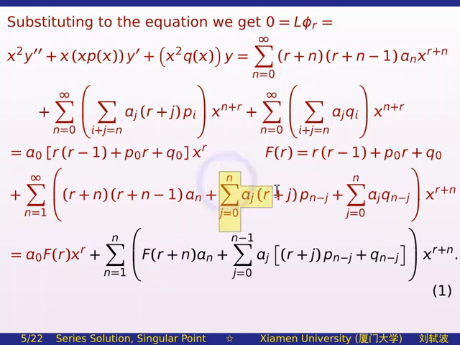So in these two sums, when j equal to n, the a_j is a_n, so we can take the a_n out and compute what remains. The remaining is (r + n - 1)p_0 + q_0. That is precisely capital F(r + n).